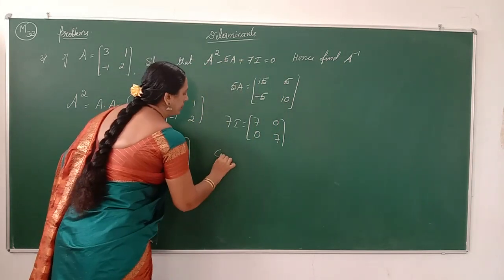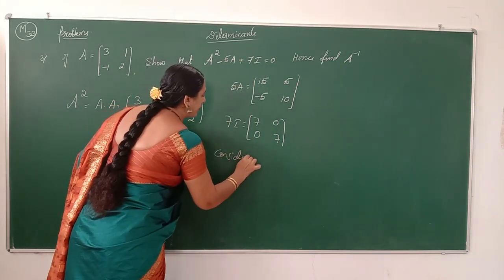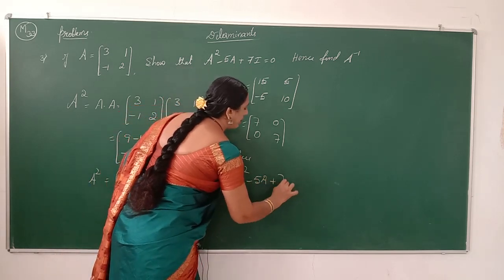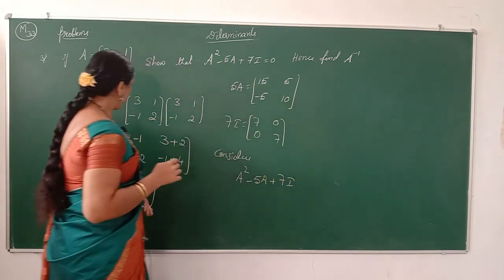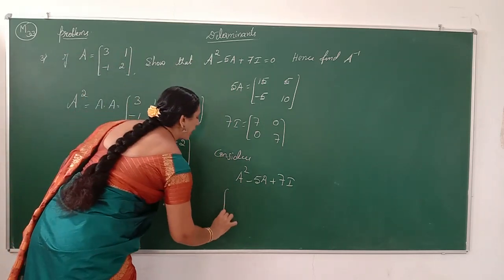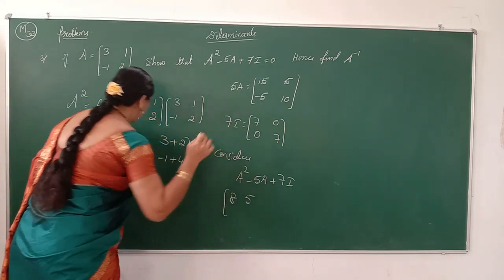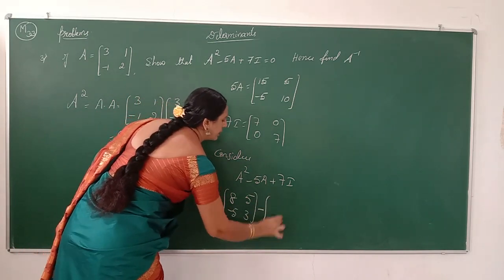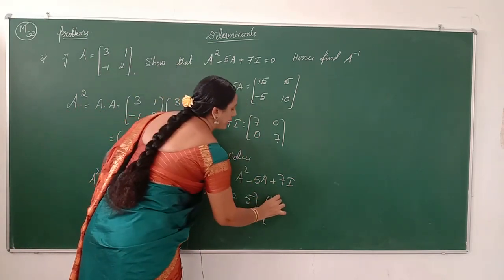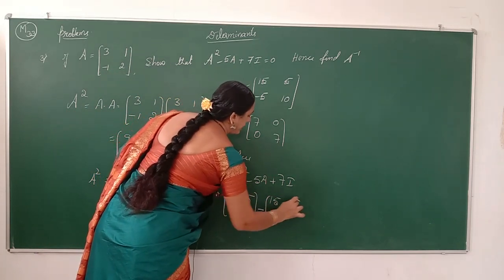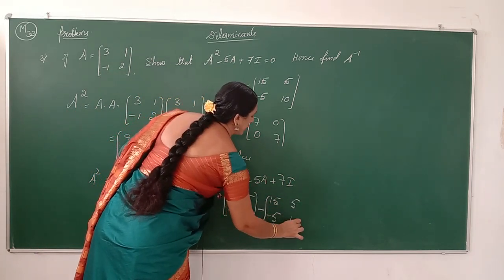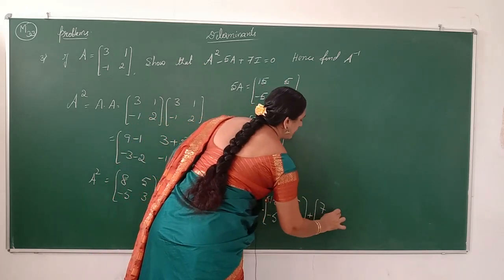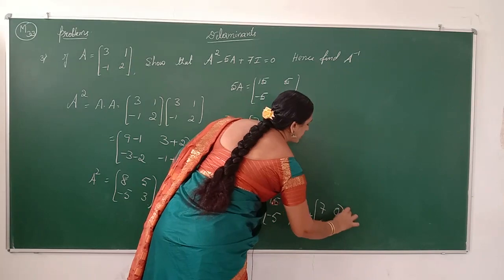Then we'll consider the left hand side of the given equation, A square minus 5A plus 7I. Now elements of A square are 8, 5, minus 5, 3, minus elements of 5 into A, 15, 5, minus 5, 10, plus 7 into I, 7, 0, 0, 7.